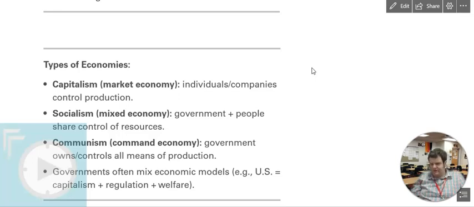Now, to be brutally honest, these definitions, while they're nice and clean, the real world's much messier. Most governments are a mix. The United States has a lot of capitalism, but we also have programs like Social Security. We have government regulation on private business. And so we are somewhere between capitalism, market economy, and the mixed economy.